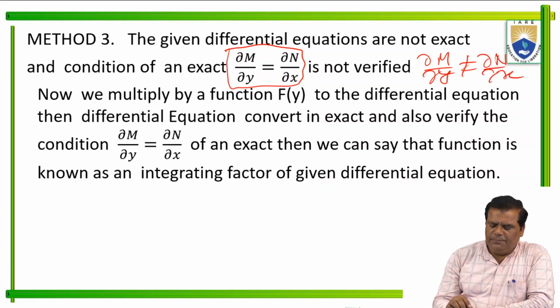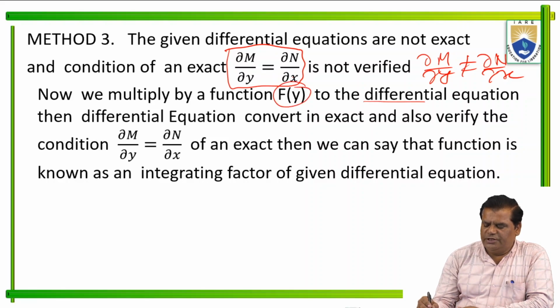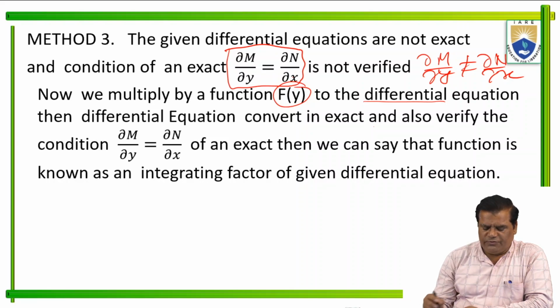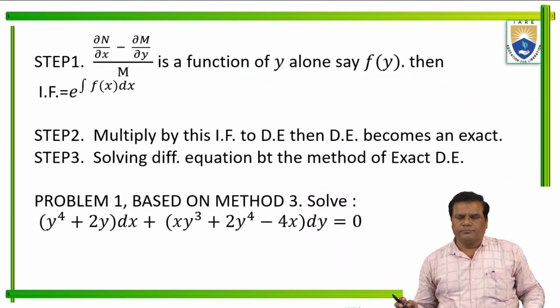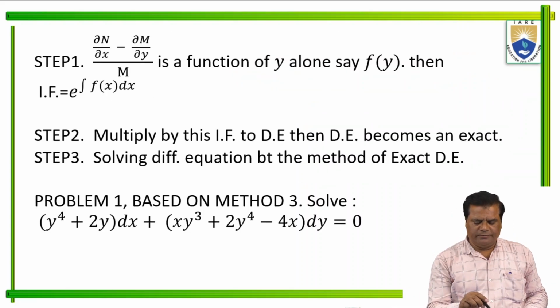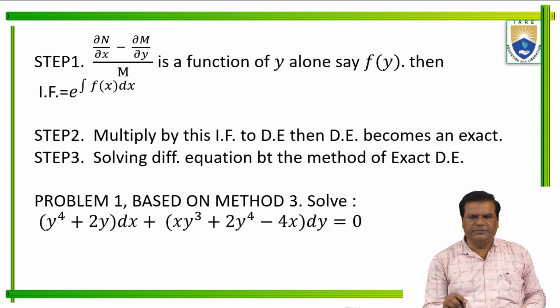So now we multiply the differential equation by a function f(y). Then the differential equation converts into an exact one, and the condition of exactness is verified. Then we say that the function is known as an integrating factor of the given differential equation. Now using step 1, in this method we are using some steps.